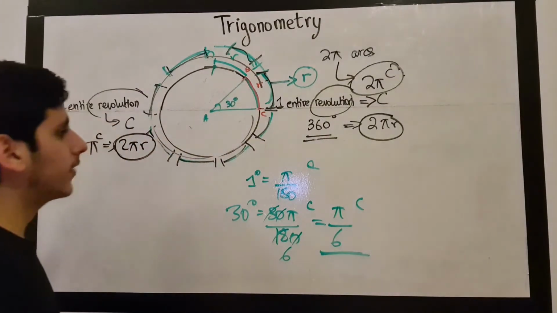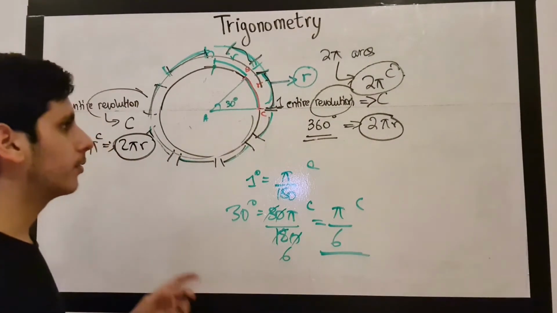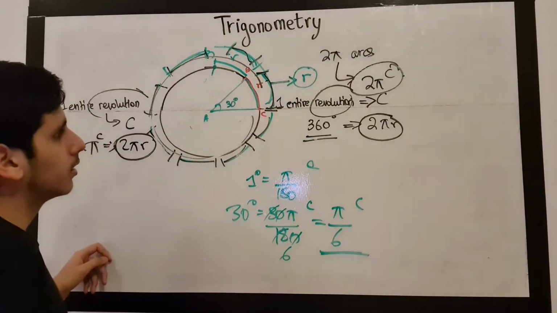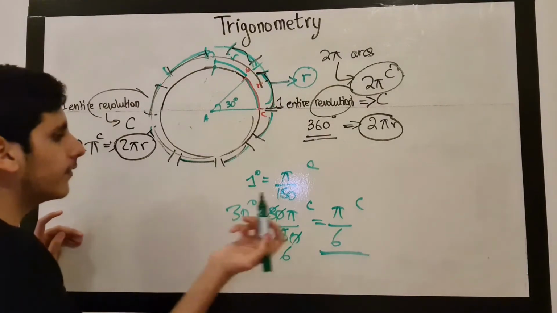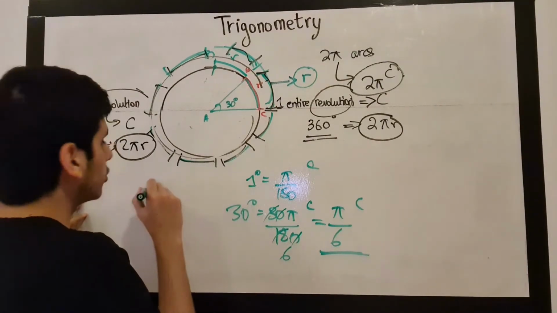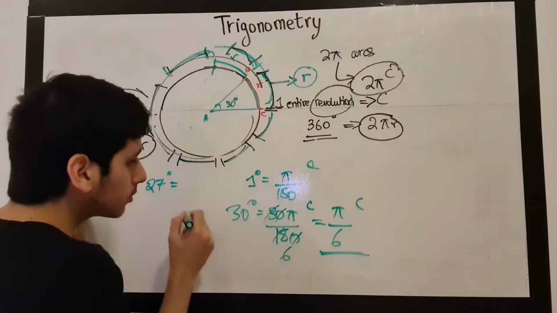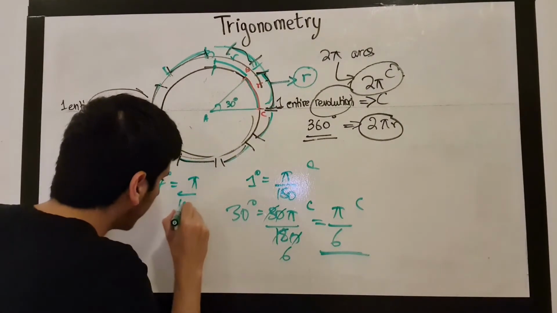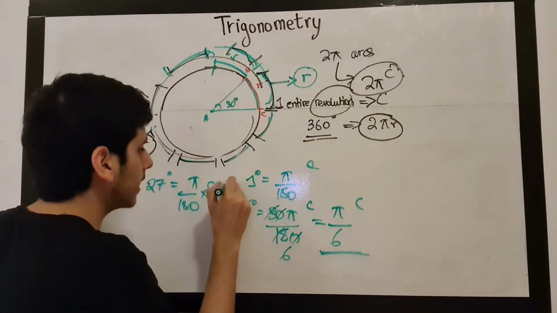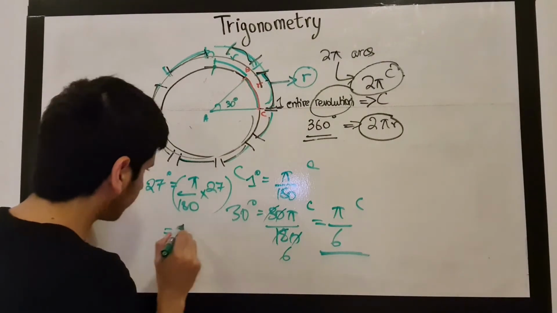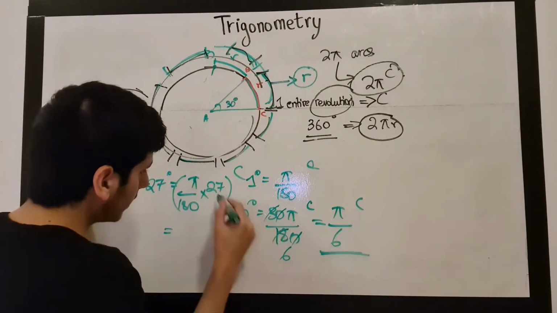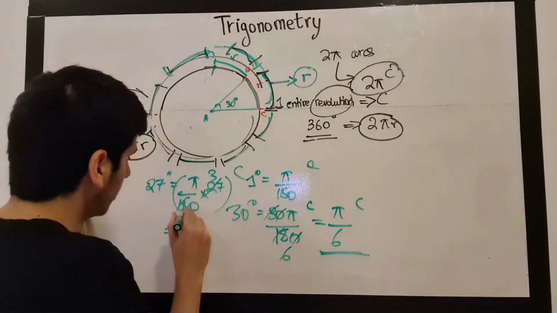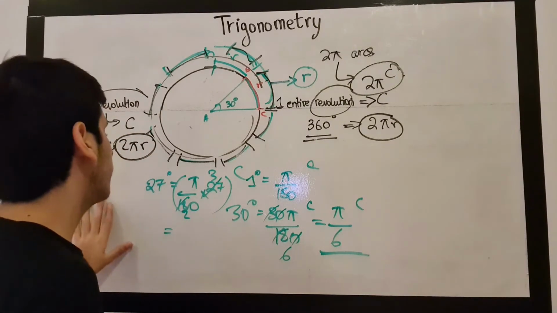If I give you any other number, let's say 27 degrees, that would equal pi over 180 times 27 radians. Let's see. 9 goes 3 times in 27, and 2 times in 18.